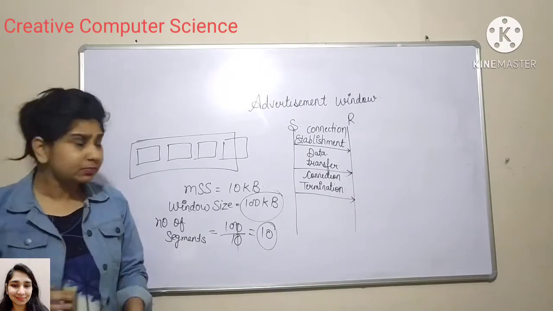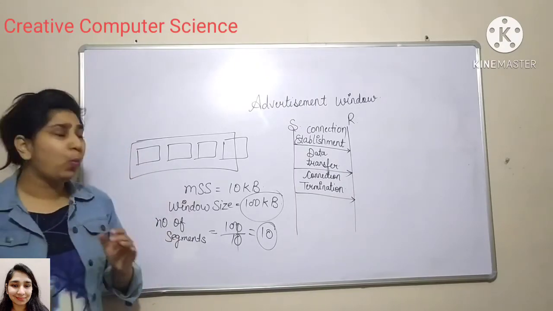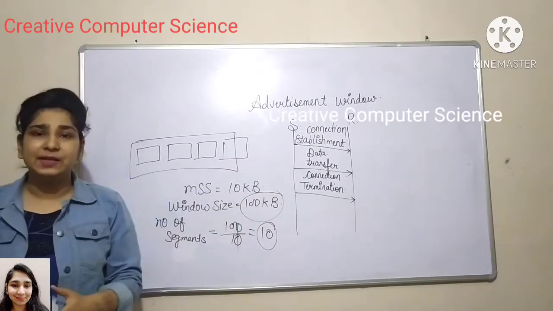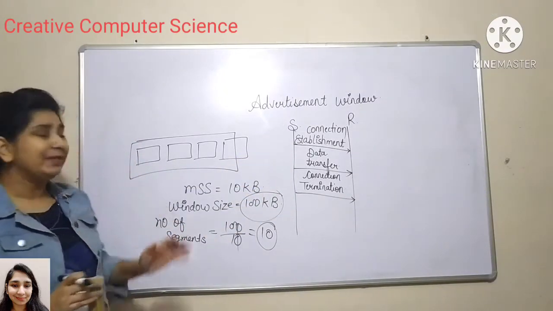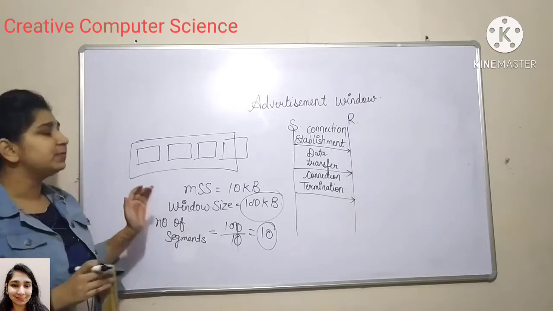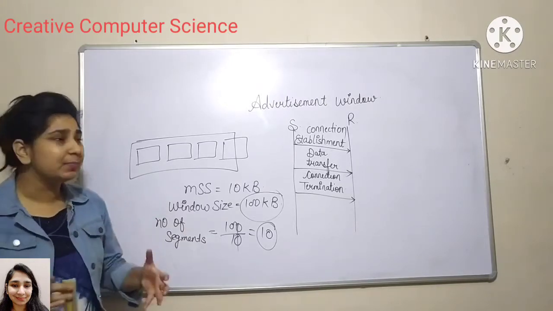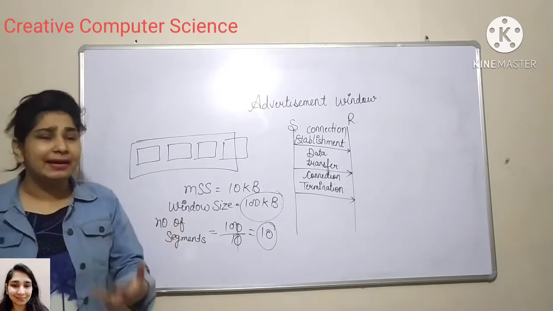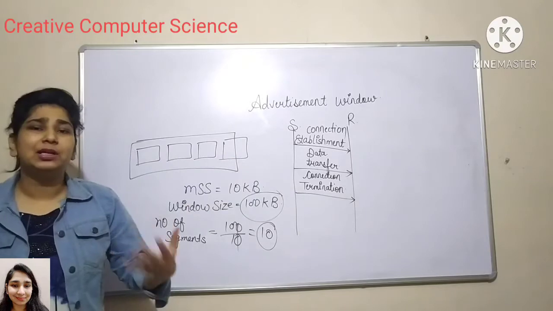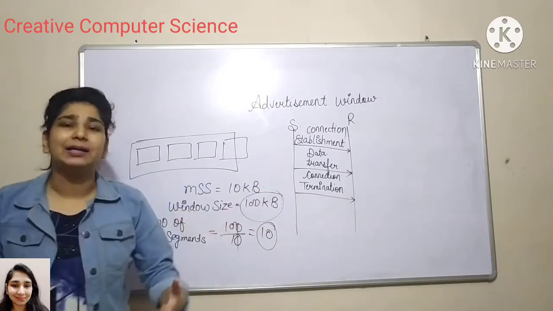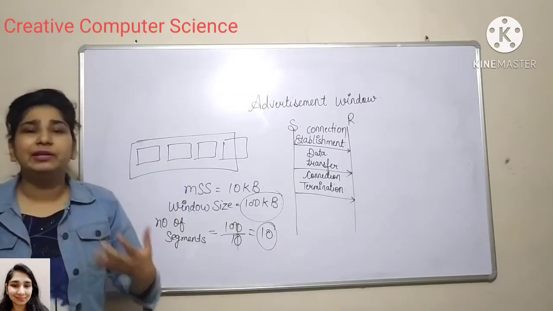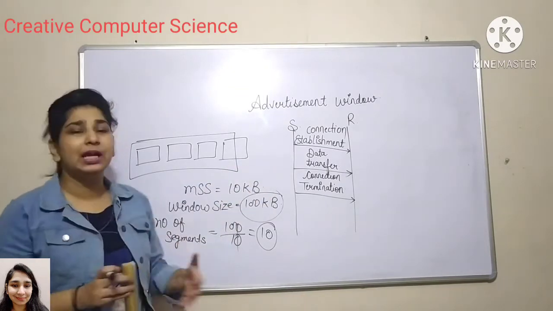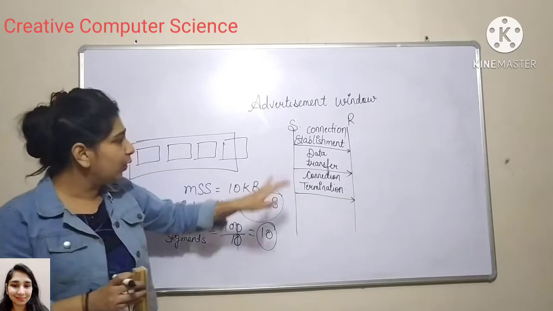That's why when they establish a connection, both sender and receiver exchange with each other their advertisement window size, their buffer storage capacity, so that they could send data according to the capacity of the other party, so that we could reduce the total number of discarded packets and handle flow control.